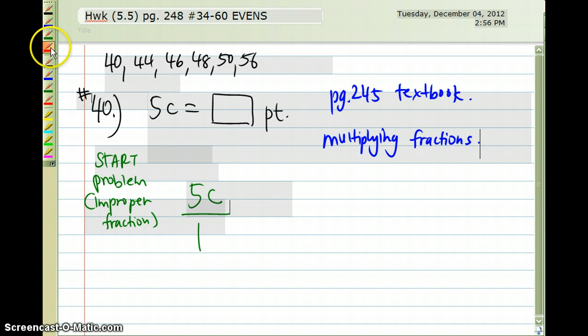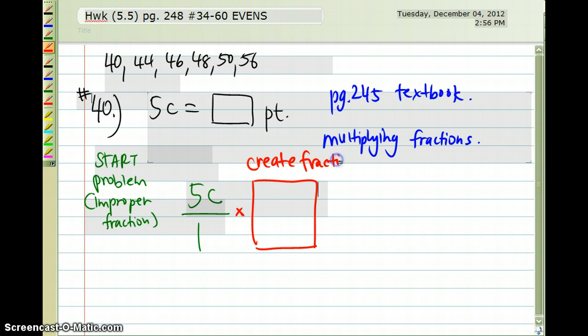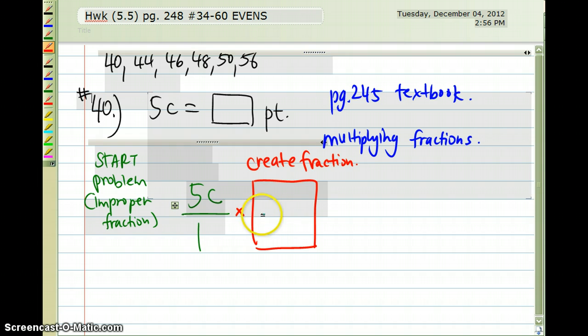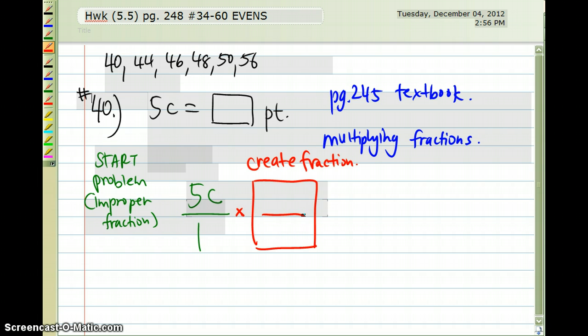Second, I'm going to multiply by a fraction. The fraction is a fraction that I create, and it's the relationship between cups and pints. So when I create my fraction, it is important that in my numerator, I put the units for the answer that I want.